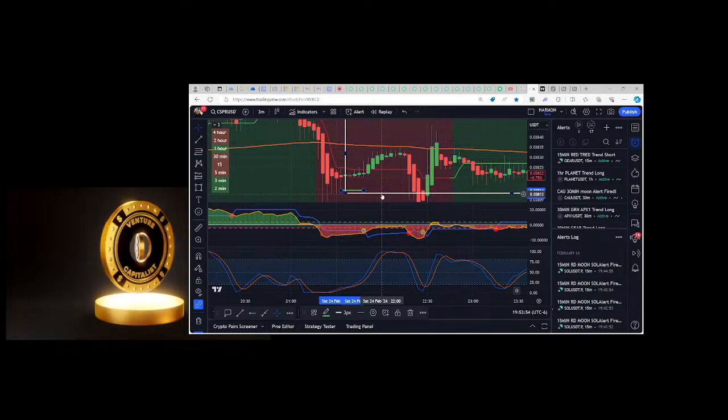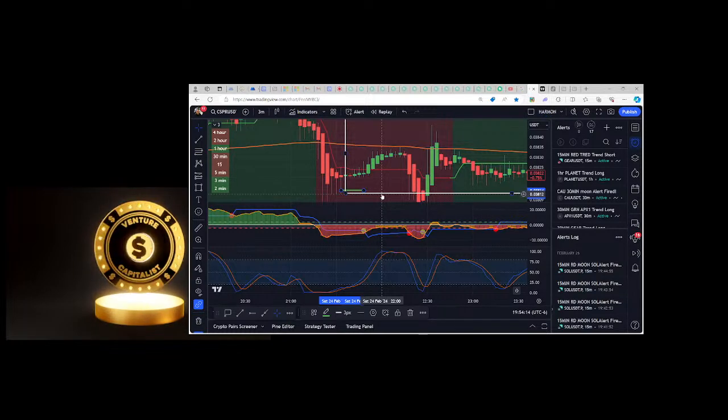Once you find your entry, right, and you go to enter, when you decide to enter, you go to your 3-minute candle, and on your 3-minute candle, you enter 1 minute before the next 3-minute candle.